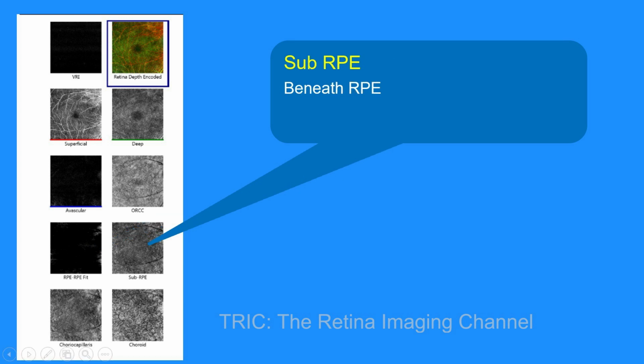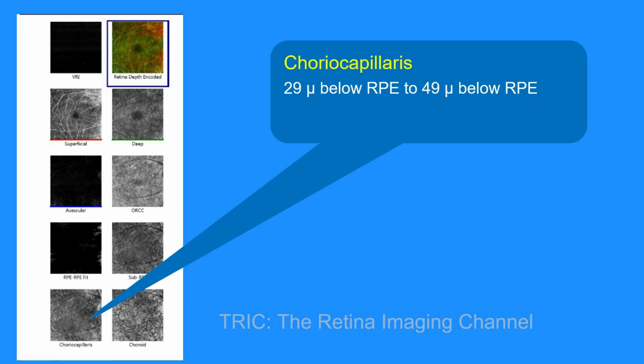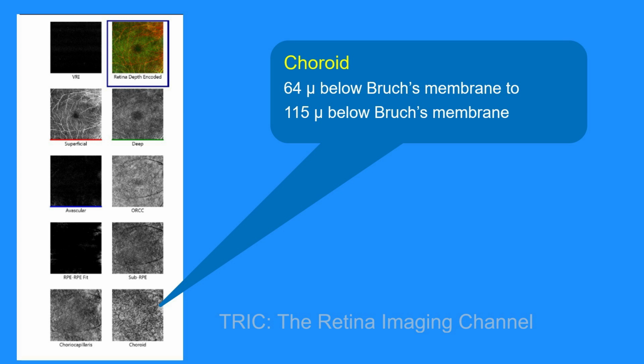And sub-RPE is the next image which shows the area beneath the RPE. Choriocapillaries is the next image, which is the scan of the area 29 micron below RPE to 49 micron below RPE. It means it is an area 20 micron thick below the RPE. Finally, we have choroid. Choroid is the final layer and it starts from 64 micron below the Bruch's membrane to 115 micron below the Bruch's membrane.